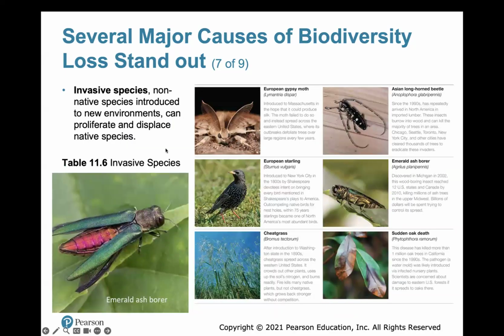Invasive species are non-native species introduced into new environments. Sometimes people think it can help, so they introduce it, but then it turns out it wasn't really helpful. For example, the gypsy moth was introduced in Massachusetts in the hope that it could produce silk, and the moth failed to do so. Instead, it spread across the eastern United States, where its outbreaks defoliate trees over large regions every year.